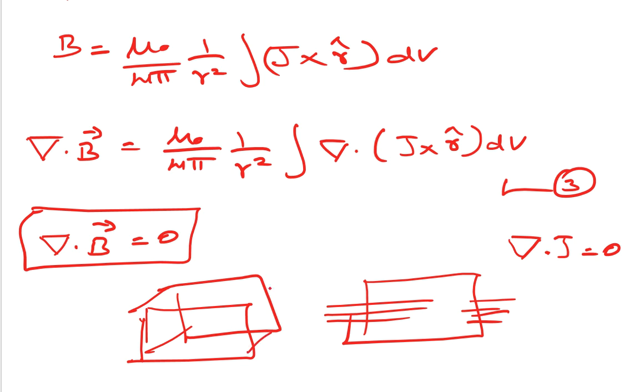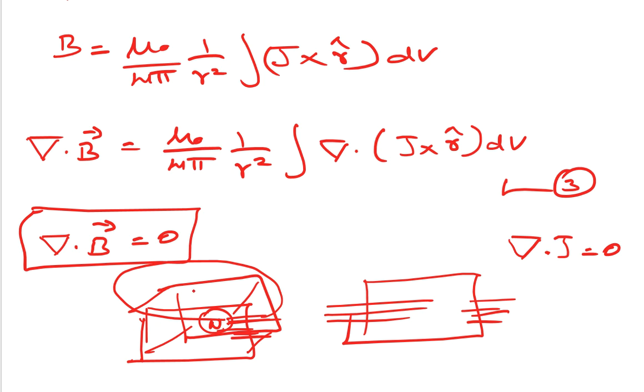If you keep a North Pole inside this volume, say 10 lines are coming out. Obviously, we know that magnetic field lines are closed loops, so they will come back on the other side. So you cannot keep a North Pole alone inside; obviously the South Pole will exist. So a monopole does not exist. This is what this expression implies for us.